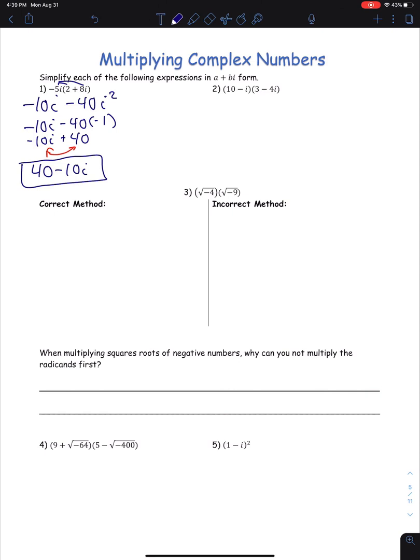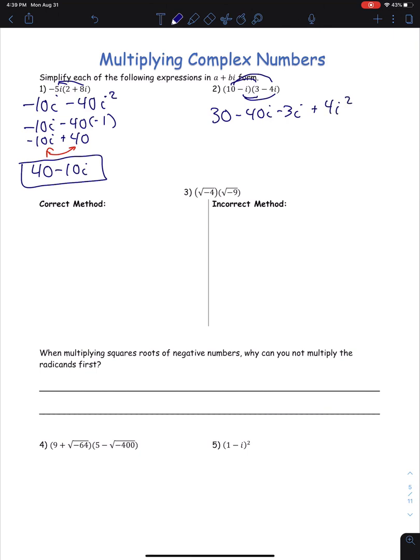Number 2, we double distribute. Make sure you multiply 10 by everything on the right and negative i also by everything on the right. So it'll be 10 times 3, which would be 30. 10 times negative 4i, minus 40i, and then negative i times 3, minus 3i, and then negative i times negative 4i, plus 4i squared.